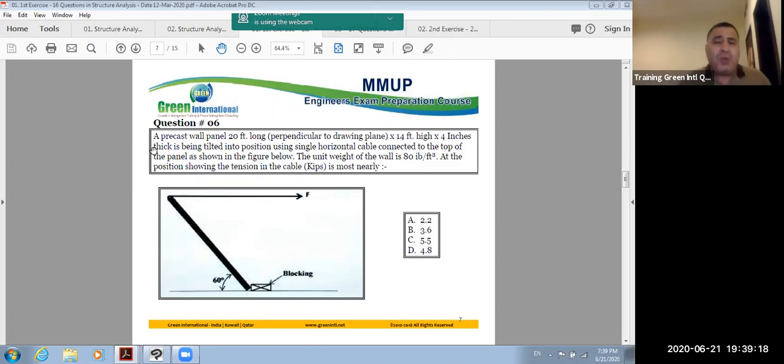The standard unit weight is 2,400 kilogram over cubic meter. So now don't confuse yourself. If it's given to you, I will take it. If not given to you, I have to put it down in my notes. For British units, we take it as 80 pound over cubic feet. And in standard metric units, we can use 2,400 kilogram over cubic meter. Don't confuse yourself.